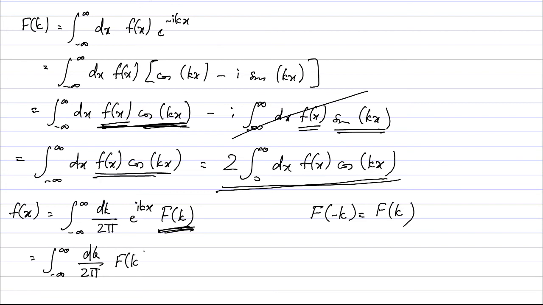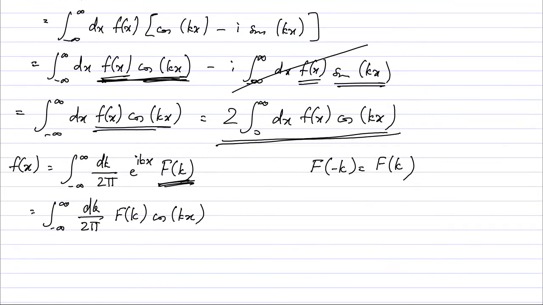capital F of k, and then capital F of k is an even function of k, and so only cosine survives, because sine is an odd function, and sine multiplied by capital F of k, integrated, will give you 0. Okay, and then I can substitute for capital F of k from here.